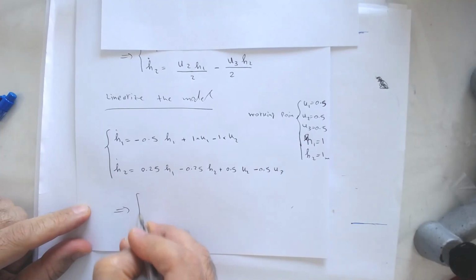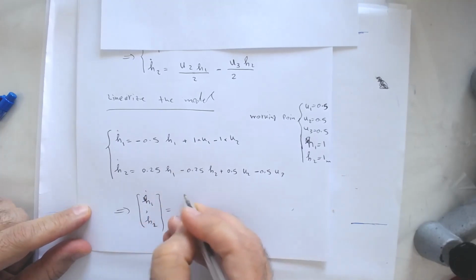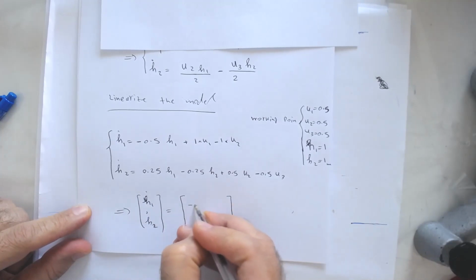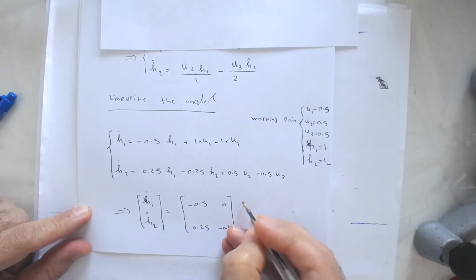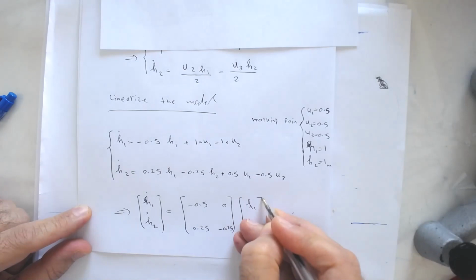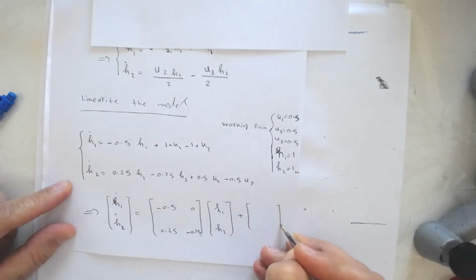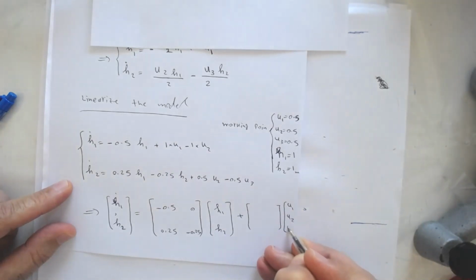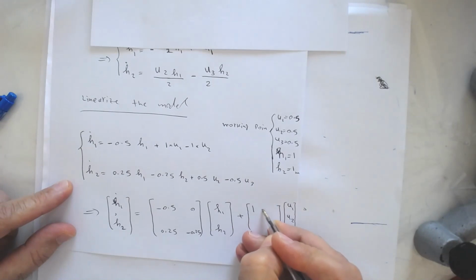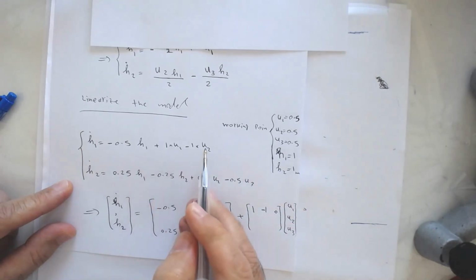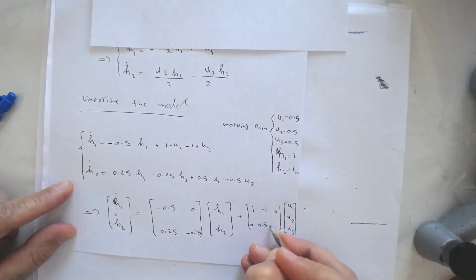So if I write it in matrix form, H1 dot, H2 dot is equal to minus 0.5, 0, 0.25, minus 0.25, multiplied by H1, H2, plus, we have 3 inputs, U1, U2, U3, so plus 1, minus 1, 0, because you have U1 minus U2 and nothing from U3, and here you have 0.5 U2, so it would be 0, 0.5, minus 0.5.